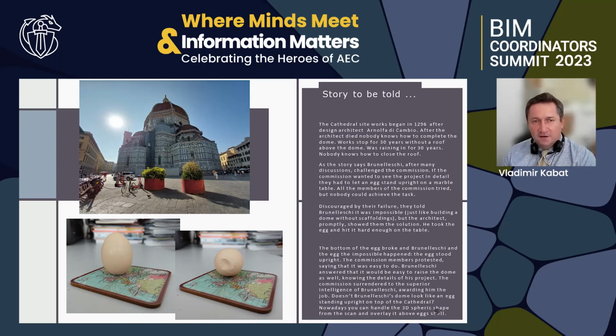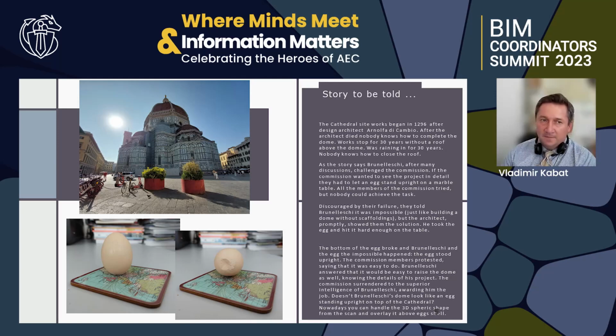As the story says, Brunelleschi, after many discussions, challenged the commission. If the commission wanted to see the project in detail, they had to let an egg stand upright on a marble table. All the members of the commission tried, but nobody could achieve the task.